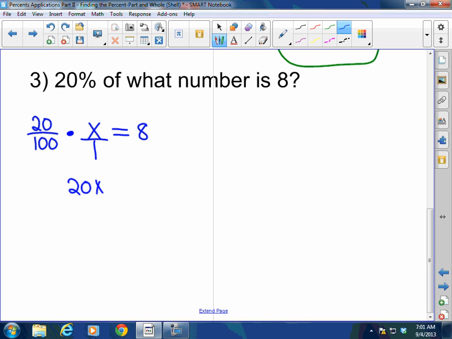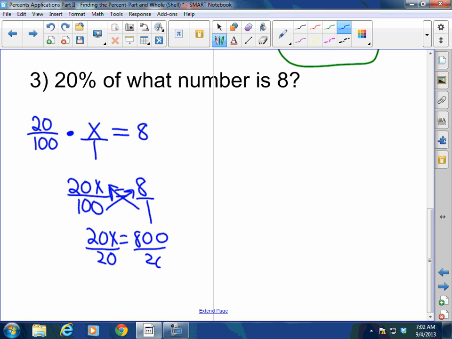You're going to get 20x over 100 equals 8. Remember, that's over 1. Cross multiply. I got 20x equals 800. Cancel multiplication with division, so I divide 20 to both sides. X equals 40.